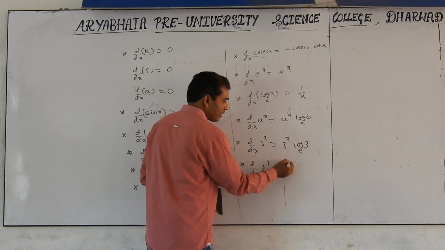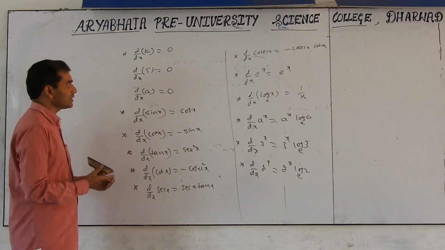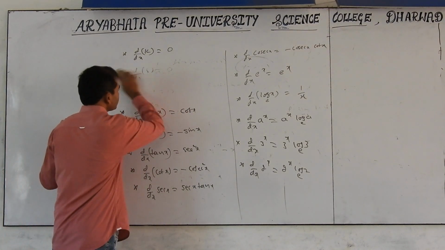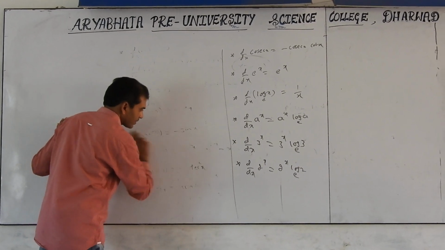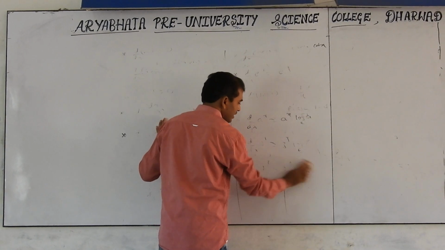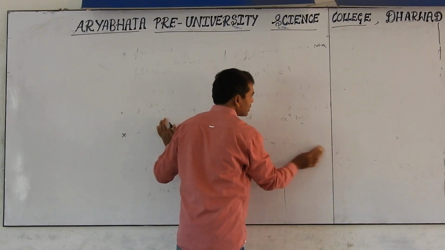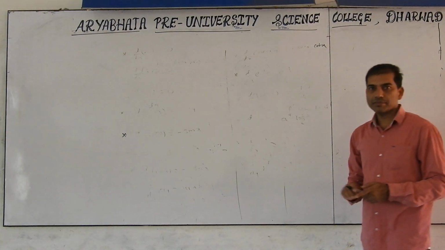Tell me. 2 power x into log 2 base e. Derivative of x raised to n is n into x power n minus 1. Derivative of a raised to x is a raised to x into log a base e.